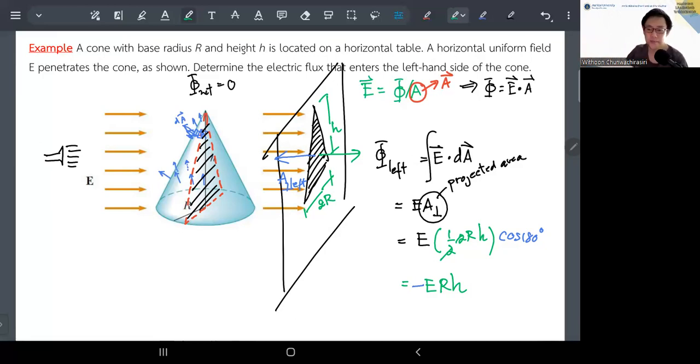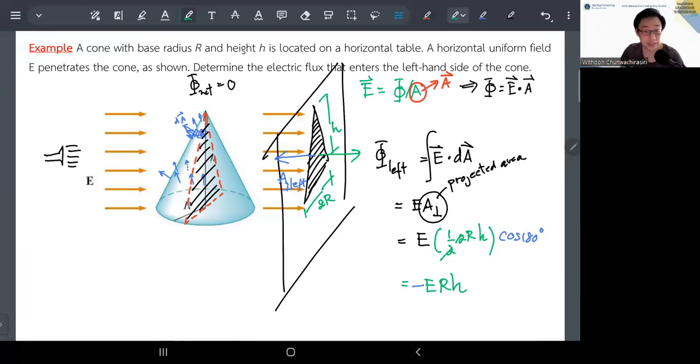Does that help? I hope it's still a little confusing, but I hope it gives you something to think about every time you do the dot product here.